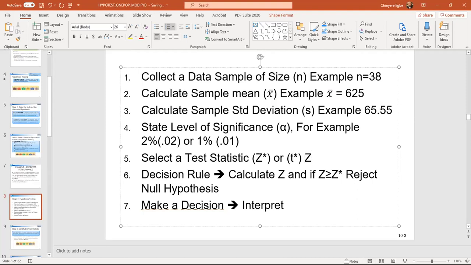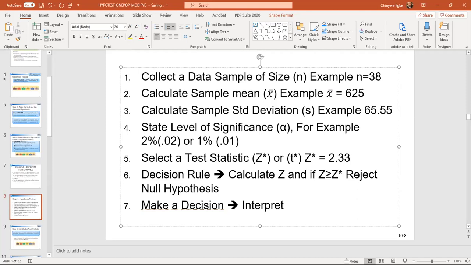We're going to use Z star because we have a large sample size. I believe that in statistics 1, you learn how to select the Z star. For significance of 0.01, Z star is 2.33.